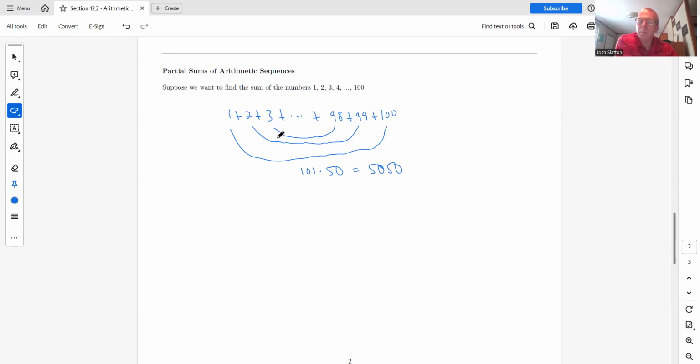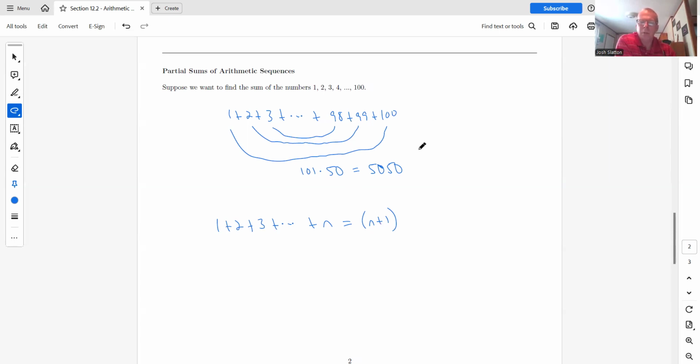Now we can get a formula for this. So if we added 1 plus 2 plus 3 plus all the way up to n, whatever n might be, n plus 1, that's where the 101 comes from. So we ended at 100. We have 101 in the formula because wherever you stop, so if we stopped at 200, it'd be 1 grouped with 200, so 1 plus 200, and then 2 plus 199, and so on.